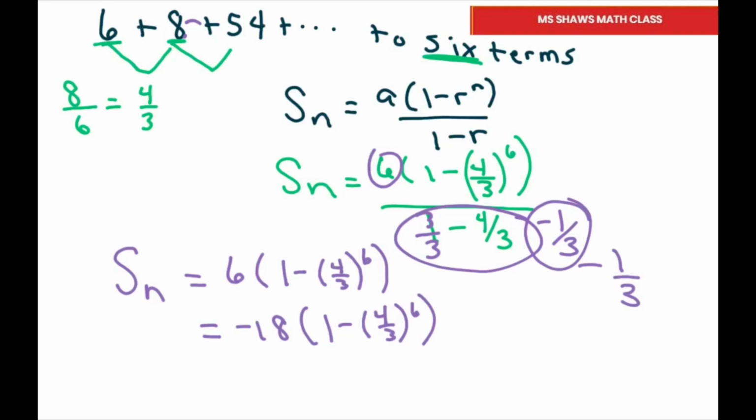Negative 18, 1 minus 4 divided by 3, then close parentheses, raised to the 6th power, and that gives you 83.136 if you round to 3 decimal places. Let me see what happens with the math inner. That basically gives you 6734 divided by 81.